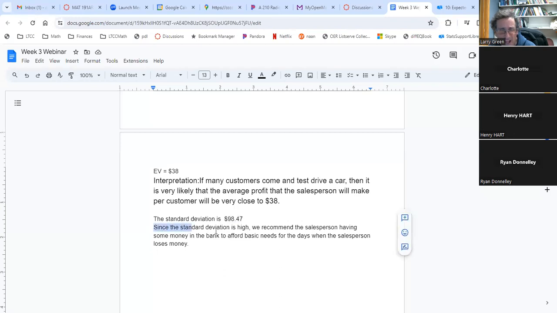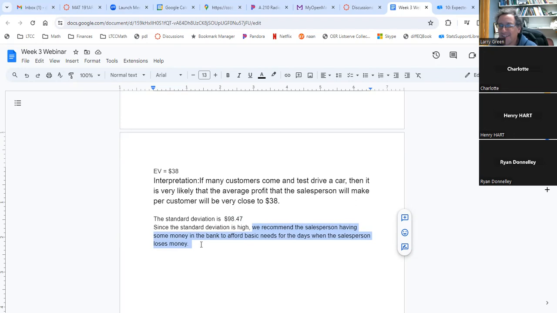Okay. So the standard deviation is high, right? $100 when the expected value is only $38. That means there'll be times when you're not going to make any money. So if that's the case, what you want to make sure of is that you have some money in the bank so that you don't have bad days. And if you need to go to the market and you're hungry, then you better have some money, because you may not make money the day you need to go to the market.